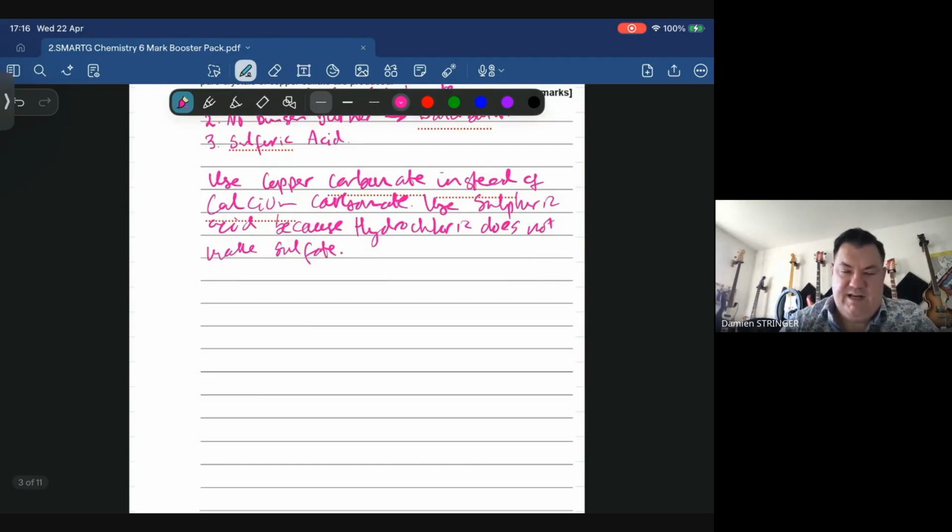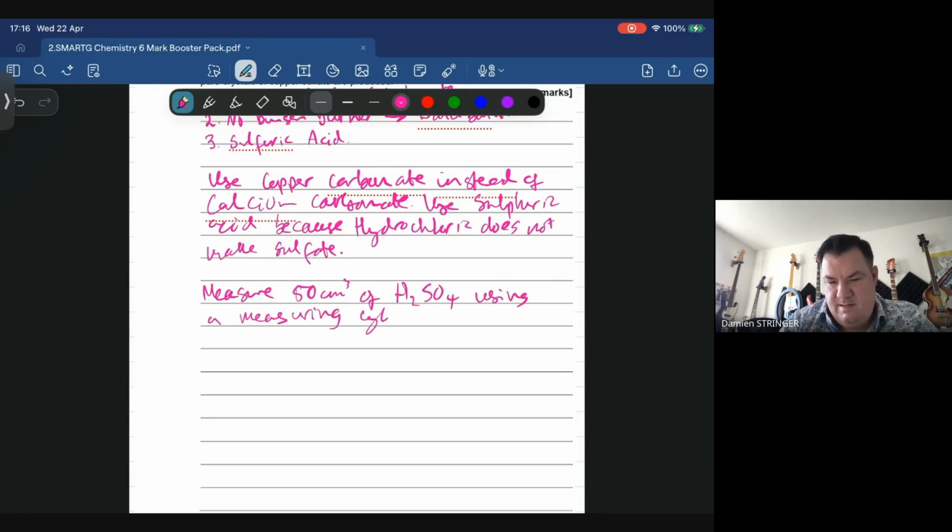So we just have to write it out. Number 1: measure 50 cm cubed of H2SO4, so that's sulfuric acid, using a measuring cylinder and put it in the beaker.